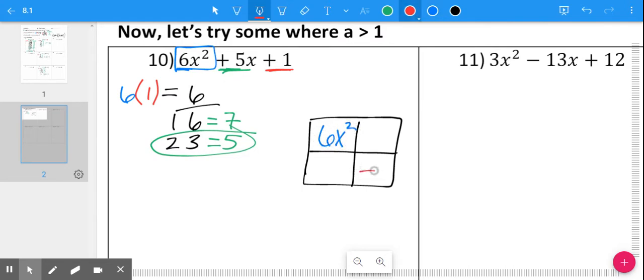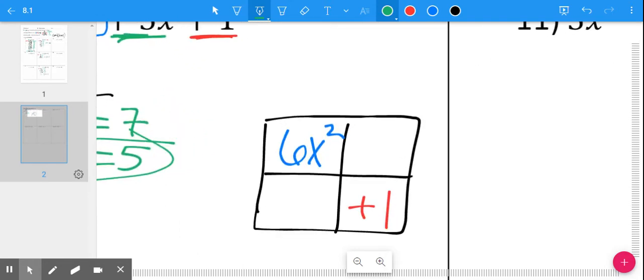And then your c value is going to go down here, that plus 1. When we've always done these area models, the box thing, these other two boxes combine to make your b. So the numbers that we found using our factor table that combine to make our b value are 2 and 3. So in this box, we're going to put 2x, and then in this box we put 3x.